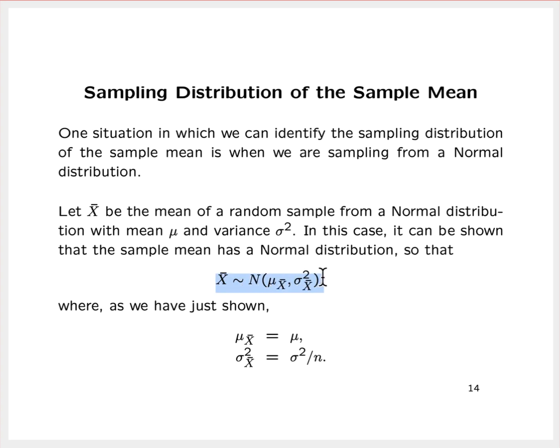And so we would know that x bar is itself normally distributed with a mean equal to mu sub x bar and a variance equal to sigma squared sub x bar, where again, we know this would be the case because it's always going to be true that the mean of the sampling distribution of x bar is equal to the mean of the population we're sampling from, mu, and the variance of the sampling distribution of x bar is equal to the variance of the population we're sampling from divided by the sample size.